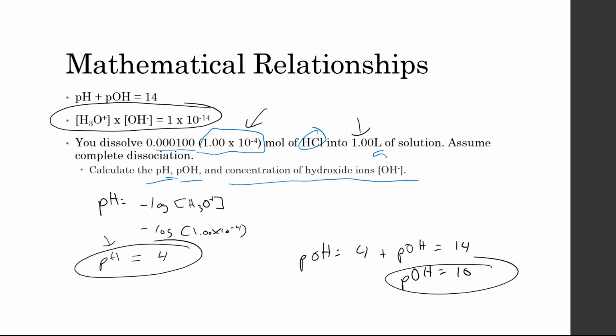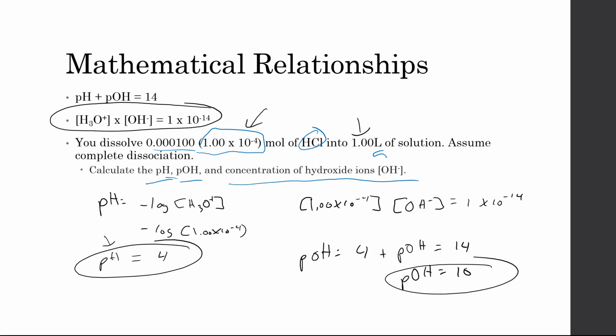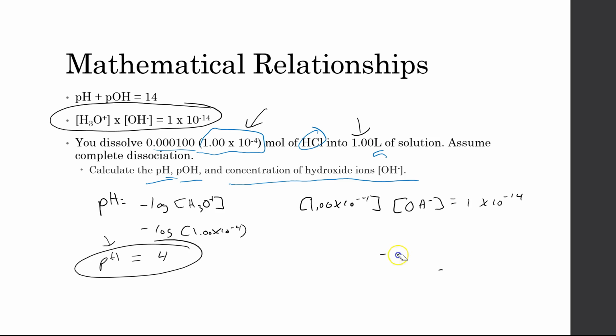I know that my molarity of H3O plus is 1.00 times 10 to the negative 4, times the molarity of OH minus is going to be equal to 1 times 10 to the negative 14. So what do I do in this case? It's a simple algebraic relationship.